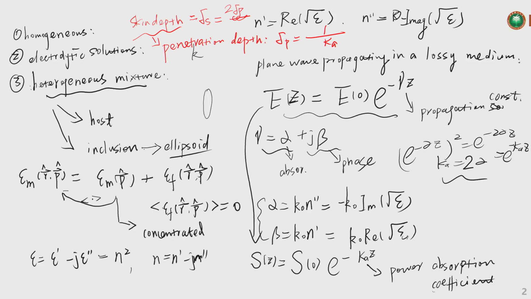So first, we're going to start from the homogeneous material, and as we said, one of the most typical materials for the homogeneous part is pure water.